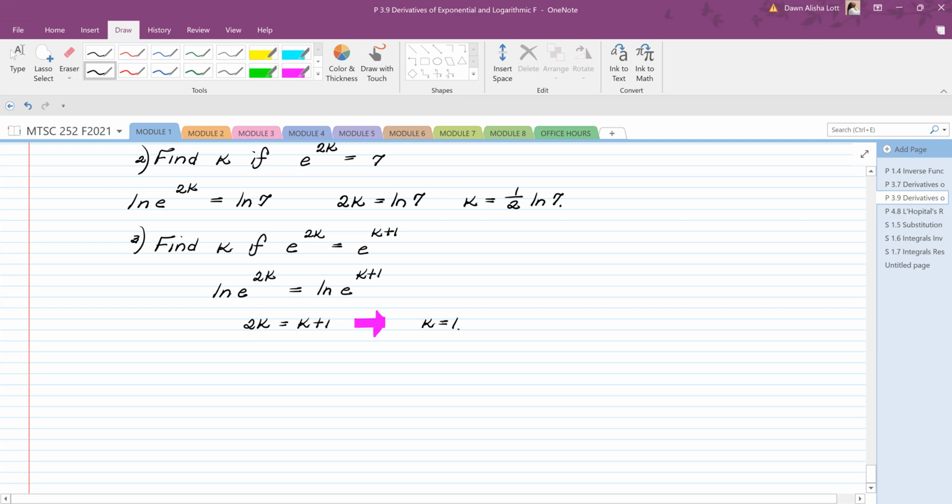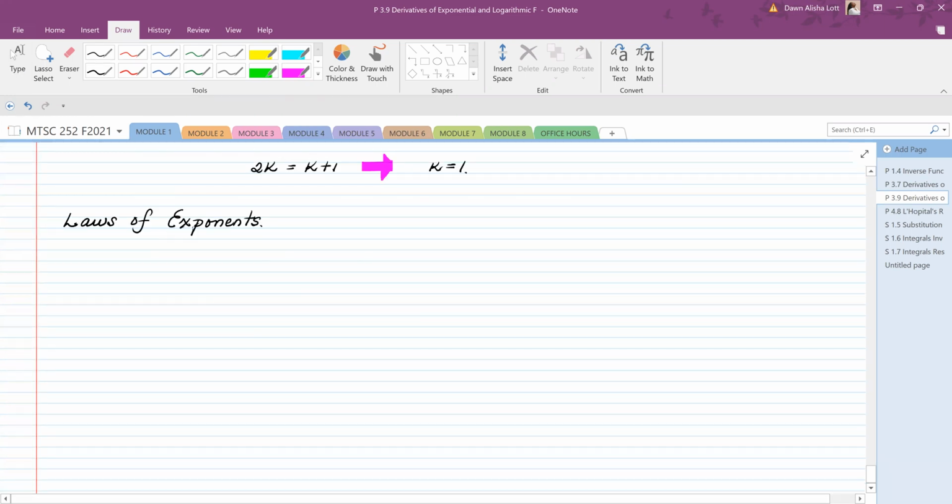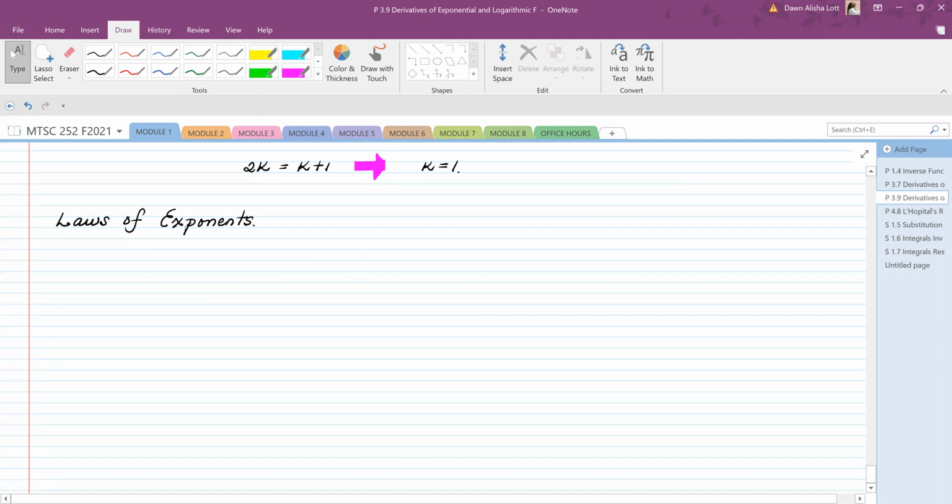Okay, so we can use laws of exponents to help us simplify things. This should be a review for you. So we already did the law of logarithms. So now let's look at the law of exponents.